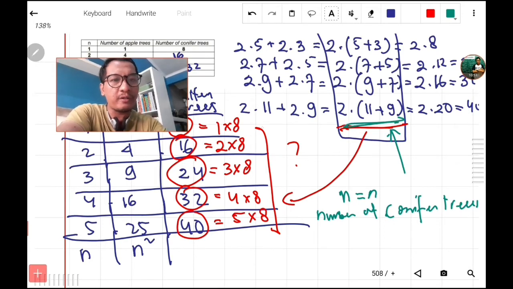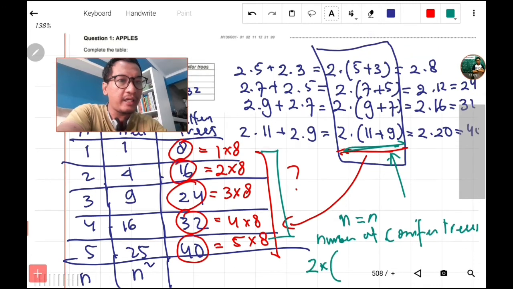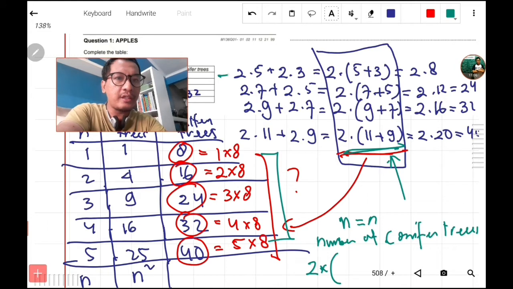It is 2 times, where n is 1, 2, 3, 4, and so on.